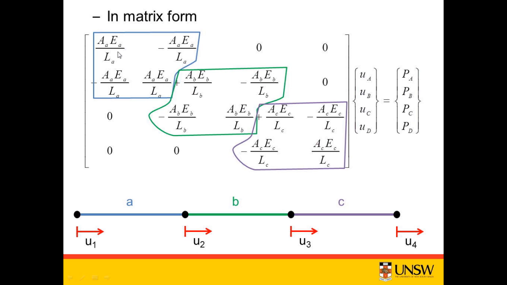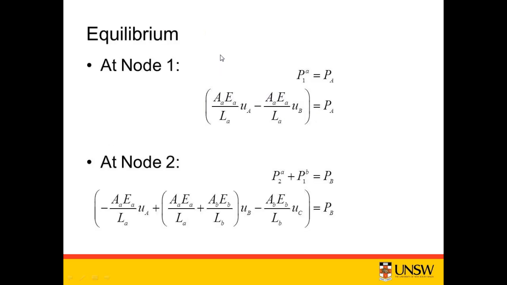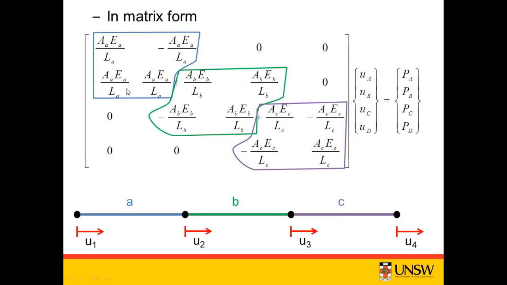This very top line is just AE on L of element A times UA and UB respectively equals PA. So this top line is this equation here. And this equation relating to element B, force PB, is this line here. So I've just converted a set of simultaneous equations into matrix form.